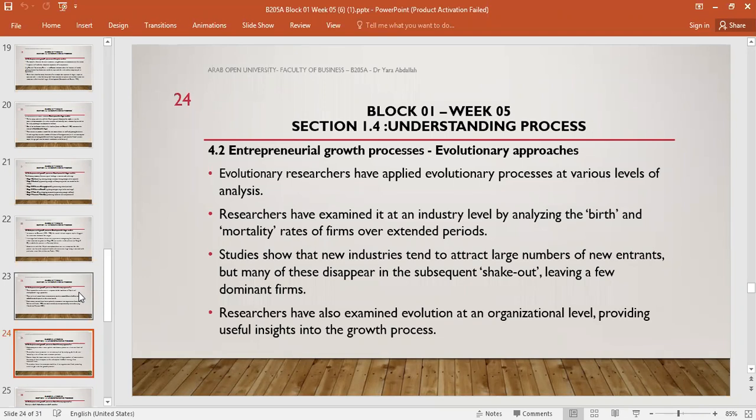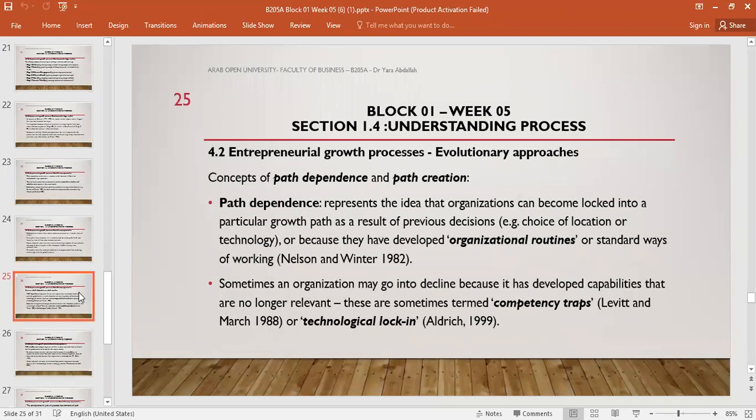This means that we need a justification for this. This is why this evolutionary approach came up with two concepts: the path dependence and the path creation concept. Path dependence means what? As a company, as an organization, I am going to develop certain routines, and I don't like to change these routines at all.